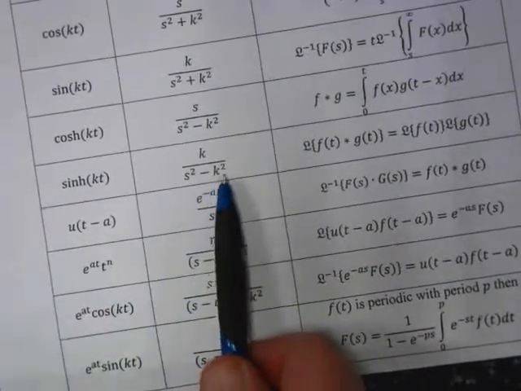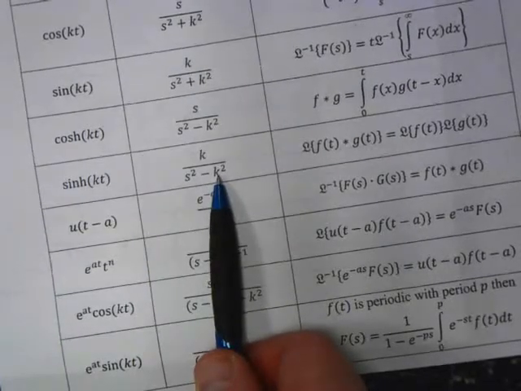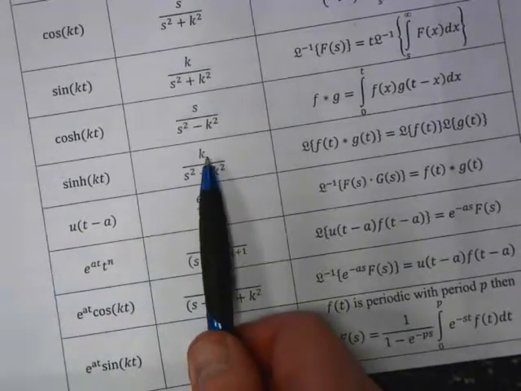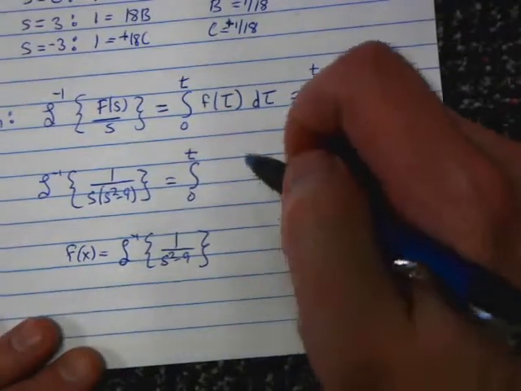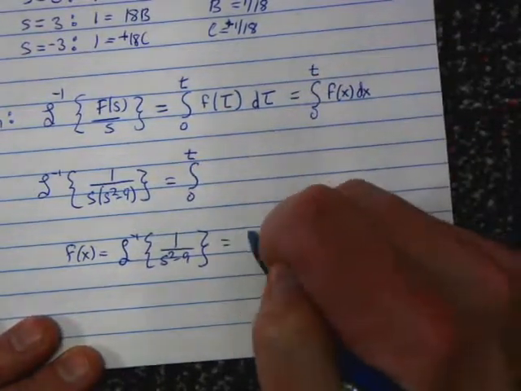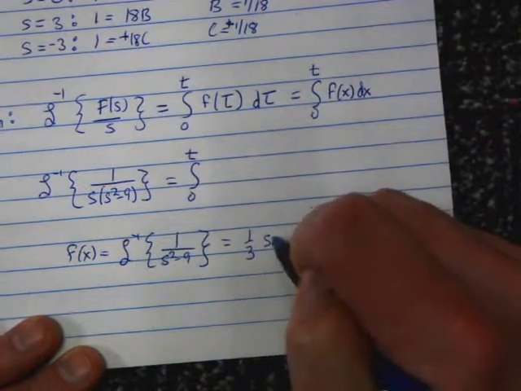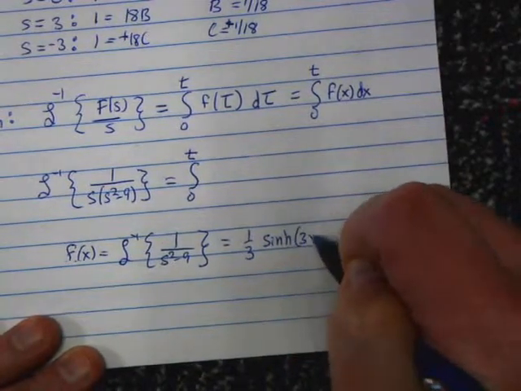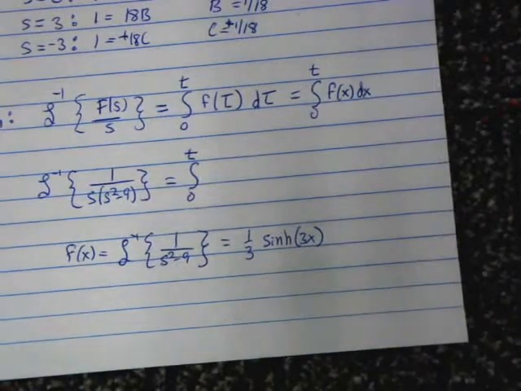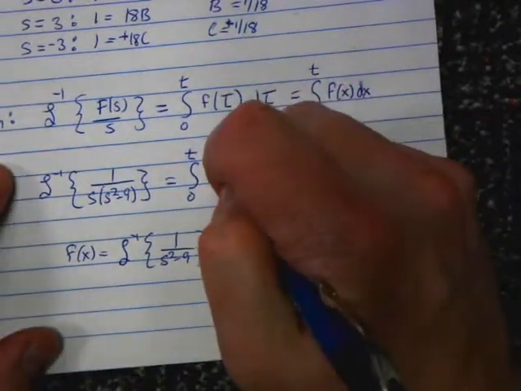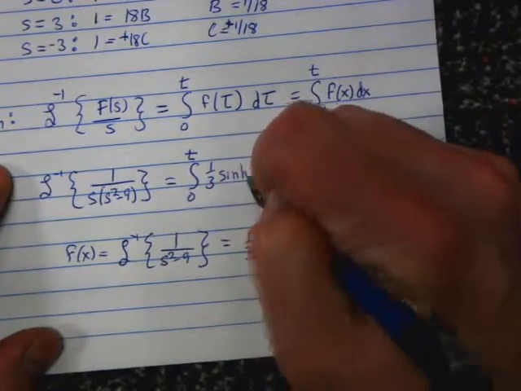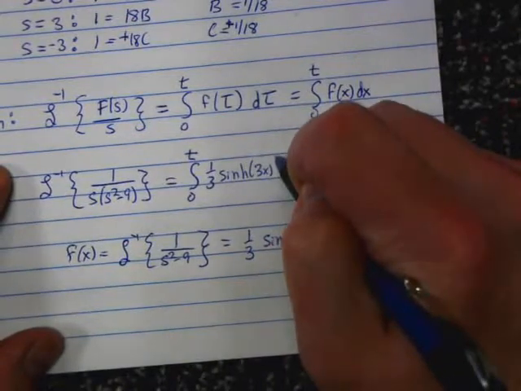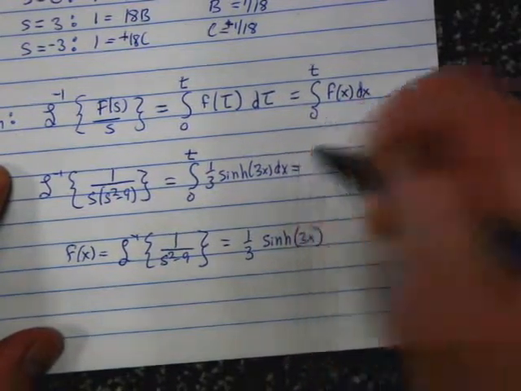However, if I have a 9 down here on the bottom, I need to have a 3 up there on top. So this is going to be 1/3 hyperbolic sine of 3x. So I'm going to have the integral from 0 to t of 1/3 hyperbolic sine of 3x dx.